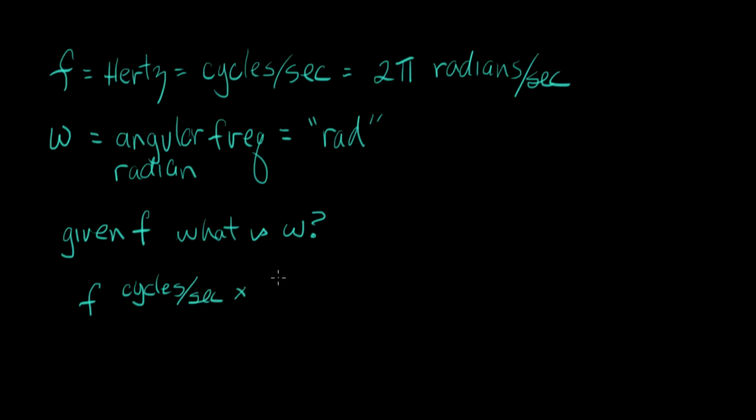So we're going to multiply that by 2 pi radians per second is the same as 1 cycle per second.